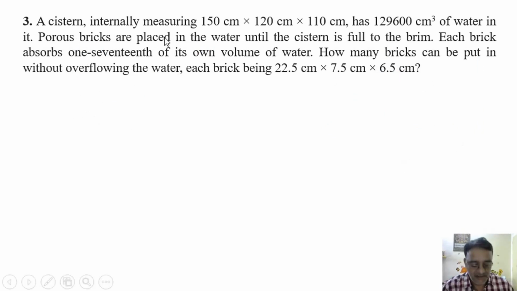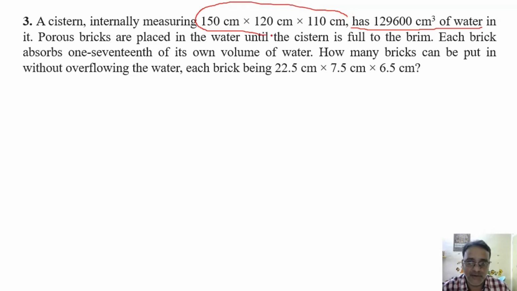A cistern internally measuring 150 centimeter into 120 centimeter into 110 centimeter has 1,29,600 centimeter cube of water. The cistern already has this much water, and the volume of the cistern is this one. And porous bricks are placed in the water until the cistern is full to the brim.